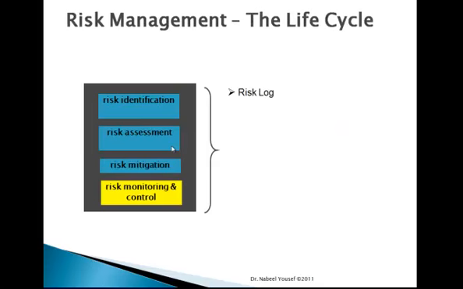During the identification, the assessment, and the mitigation, we need to monitor and control and keep documents of the risks. So we'll have something called a risk log, where we look at the risk that we identified at a certain stage, the mitigation or the alternative, and whether we implemented it.